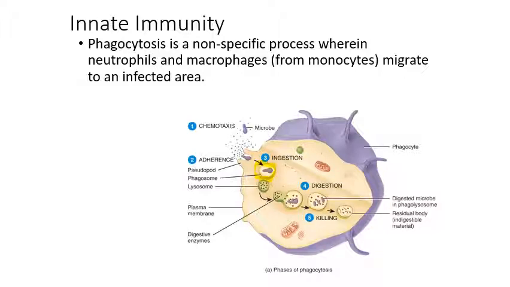The phagosome will then be combined with a lysosome, and that will cause the digestive enzymes in the lysosome to be released into the contents of the phagosome, which is going to cause that microbe to be destroyed. So that's mostly how phagocytosis works in neutrophils and macrophages.